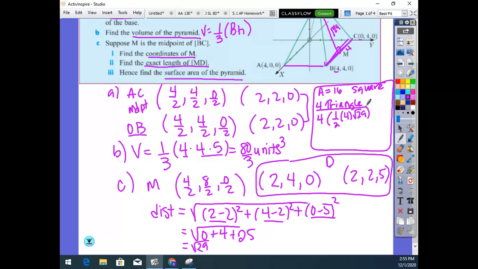So of my 4 triangles, I get 4 times 2 square roots of 29. So that's going to be 8 square roots of 29. So my total area is the area of the square plus the area of the 4 triangles. That's it.